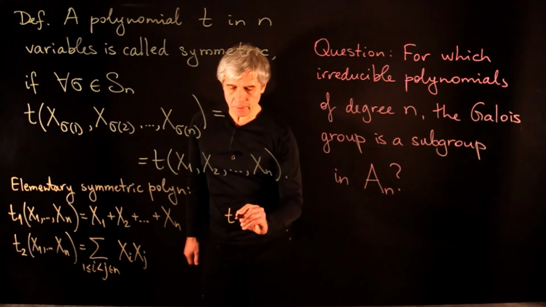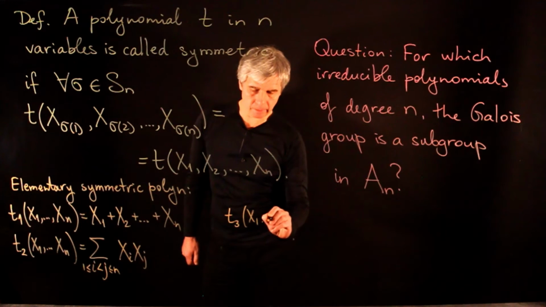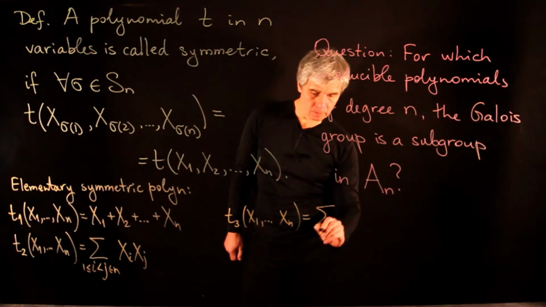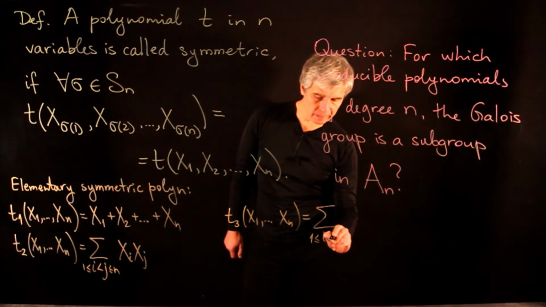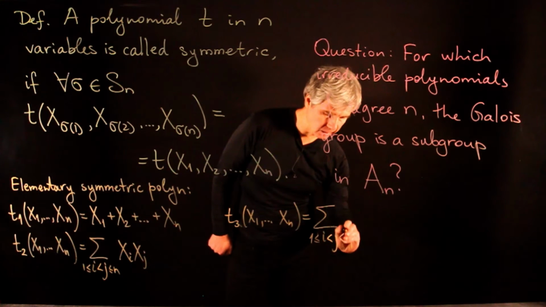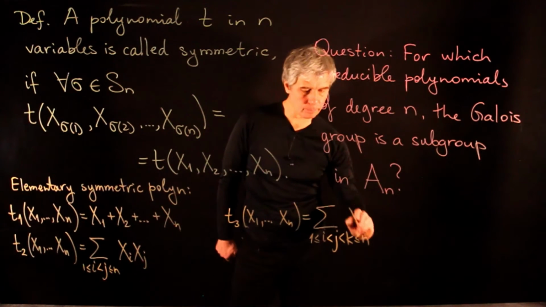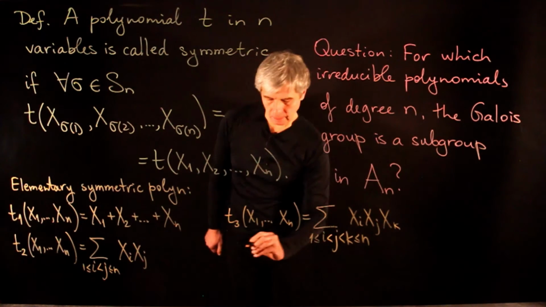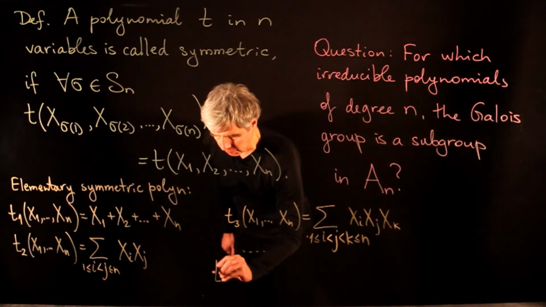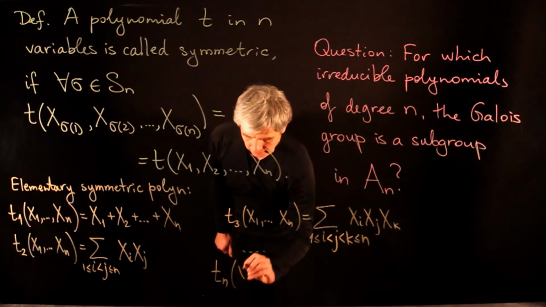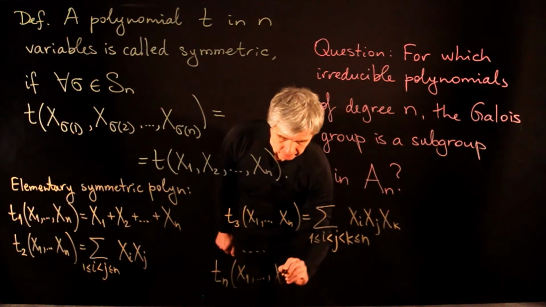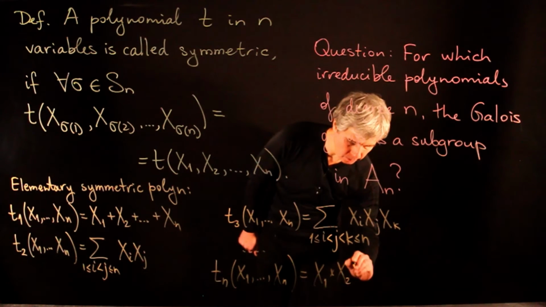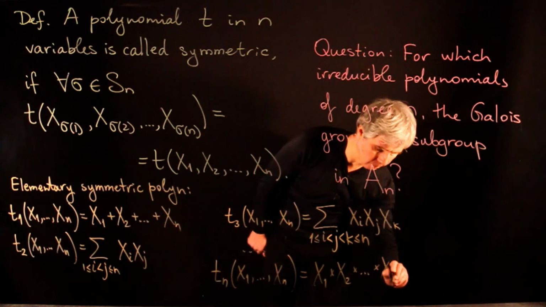The polynomial T3 is the sum over i less than j less than k of products xi times xj times xk. And finally, the elementary polynomial Tn of x1, ..., xn is the product x1 times x2 times ... times xn.